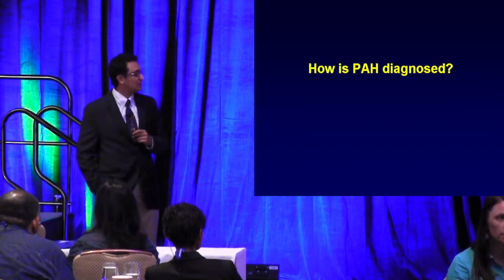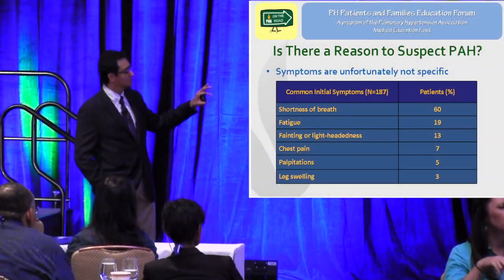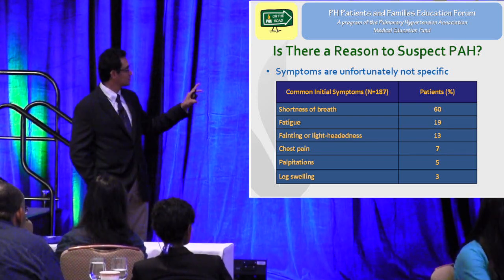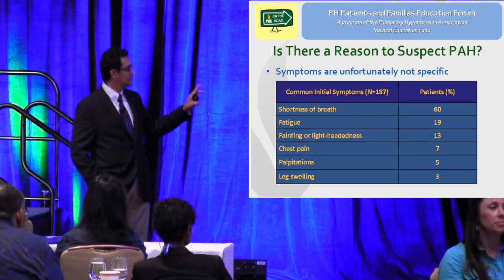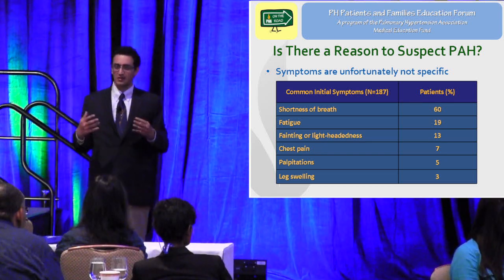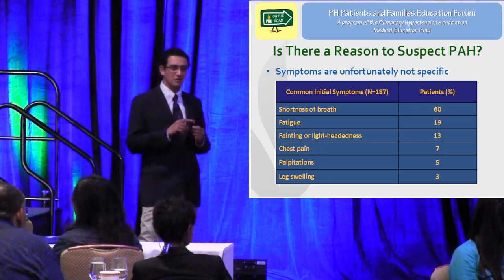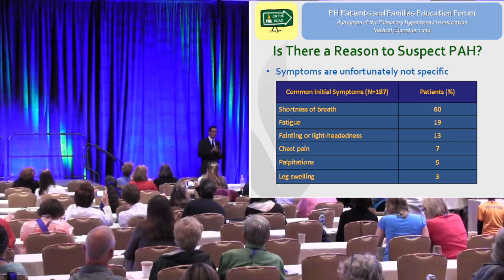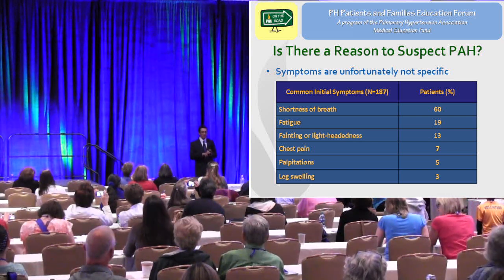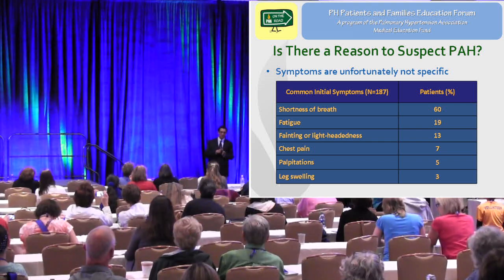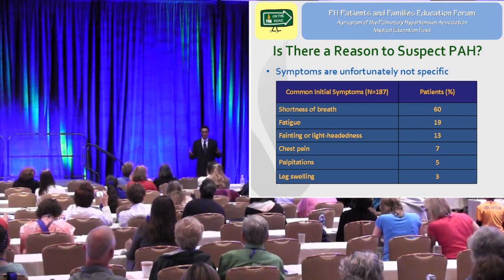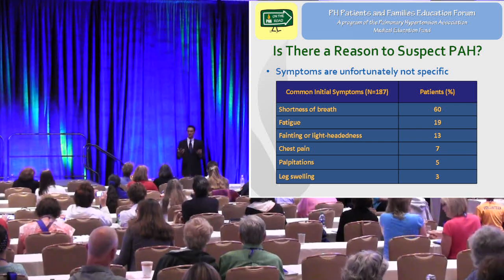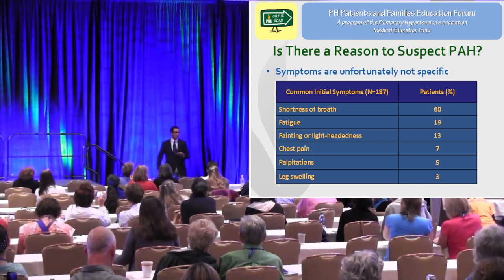So how is pulmonary arterial hypertension diagnosed? We talked about the symptoms. The problem with the symptoms is that shortness of breath and fatigue are very, very common. In scleroderma, shortness of breath can come from lung fibrosis, pulmonary hypertension, anemia, deconditioning, or heart disease, right? So it's multifactorial. Here they're talking about idiopathic pulmonary arterial hypertension, where a 30-year-old or a 40-year-old person develops it.